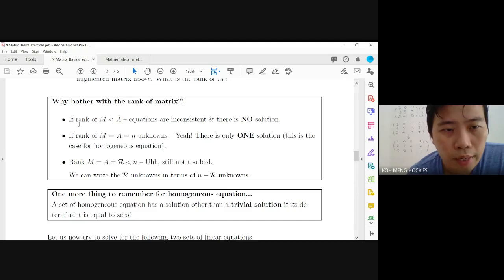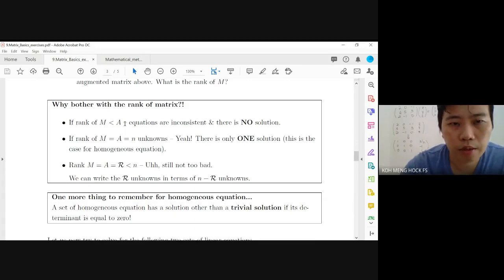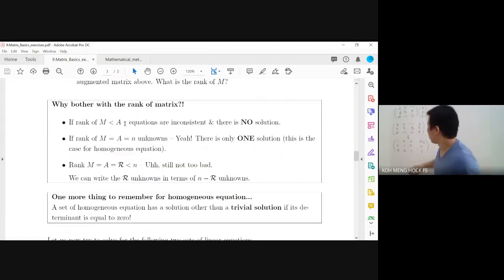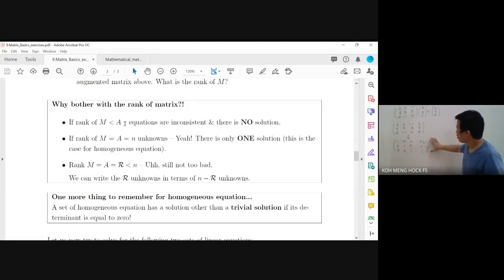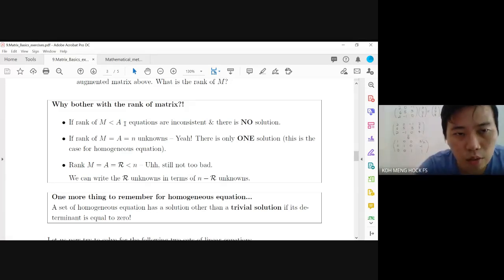If the rank of M is lesser than the rank of A, for example, take this augmented matrix, which is rank 3, but let's say this is 0, so the matrix M over here has rank 2. Then the rank of M is lesser than the rank of the augmented matrix A, and therefore you have the first condition here, which is no solution.